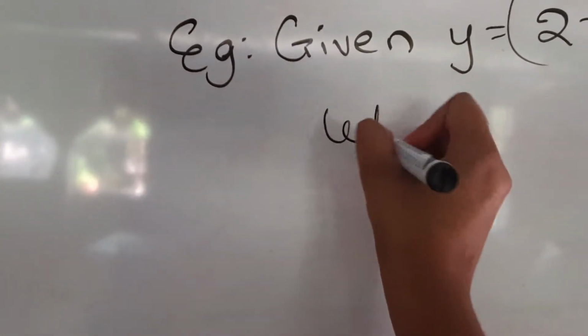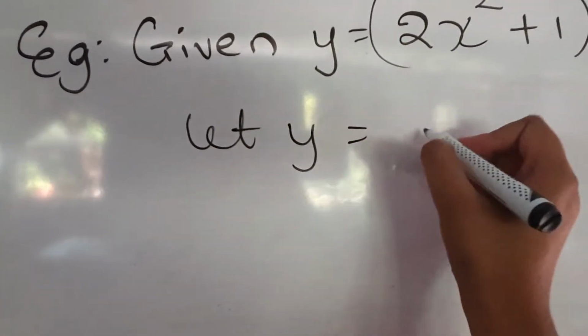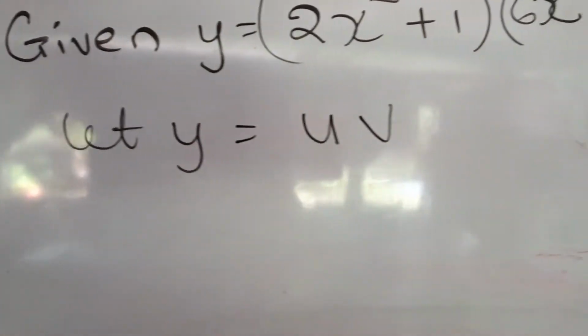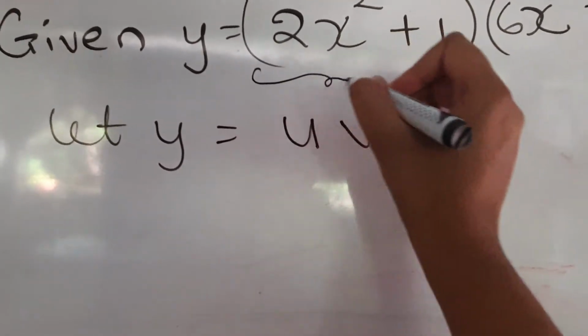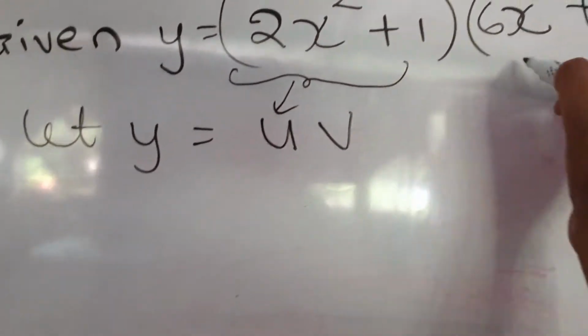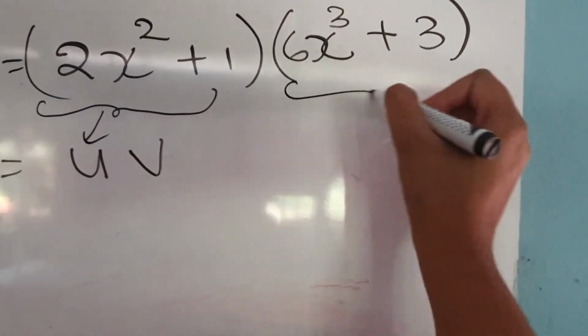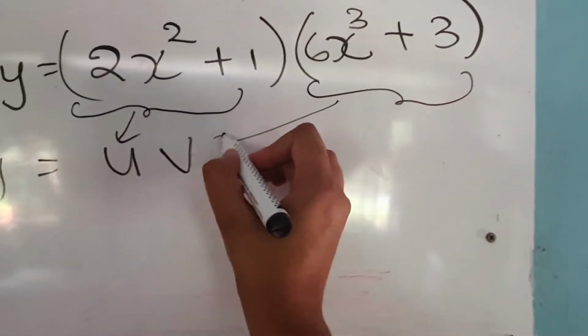So this is what we're going to do, right? So we're going to let y equal to uv, right? So the first bracket is u, and the second bracket is v, right?